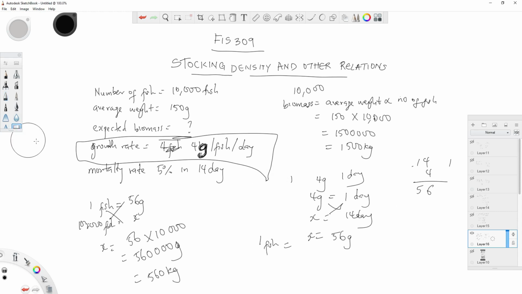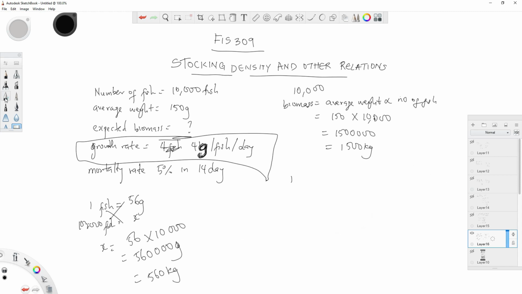Okay, so I'm going to clean this place now. Their current biomass would then be 1500 plus 560, that's 2060 kg.